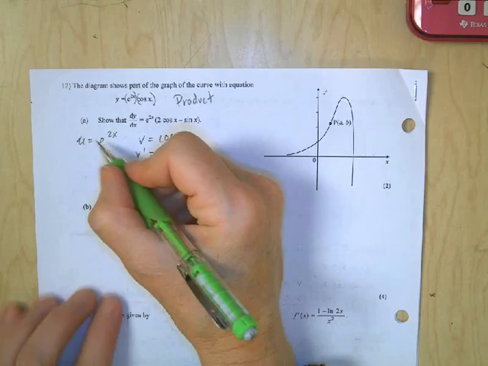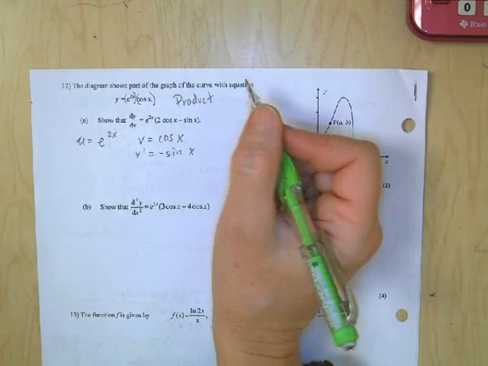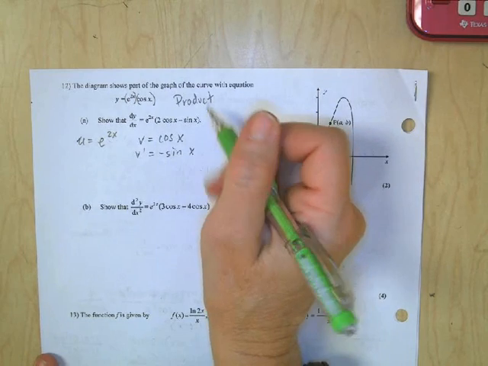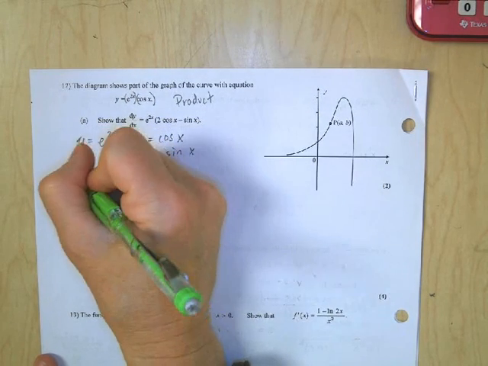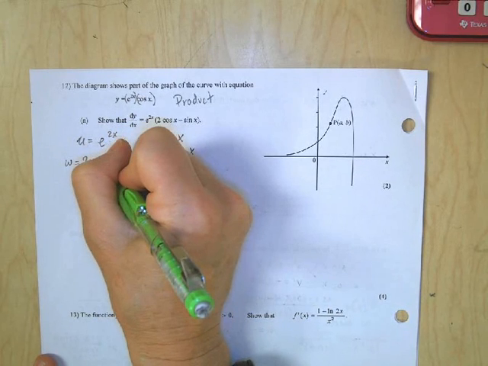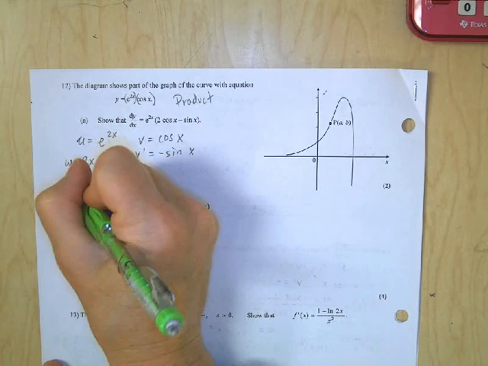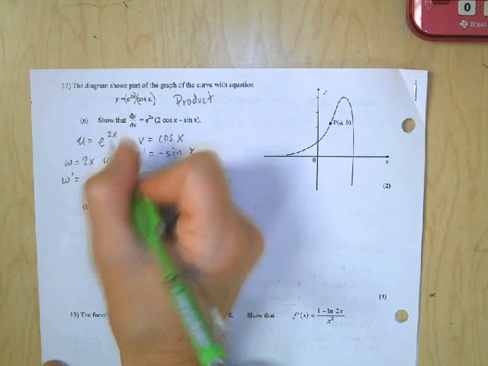Now this one is a little tricky because I have something going on in my exponent. So I have to use the chain rule on this. I'm going to call w my 2x. So u is equal to e to the w. Then w prime, the derivative of the exponent, is 2.